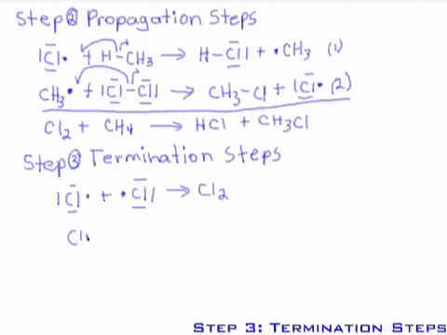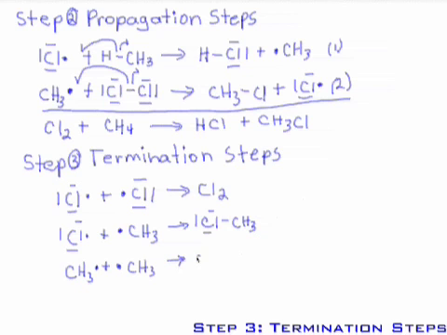Likewise, a chlorine radical could crash into a methyl radical. If that happens, you would produce chloromethane. Lastly, two methyl radicals can react and produce an ethane.